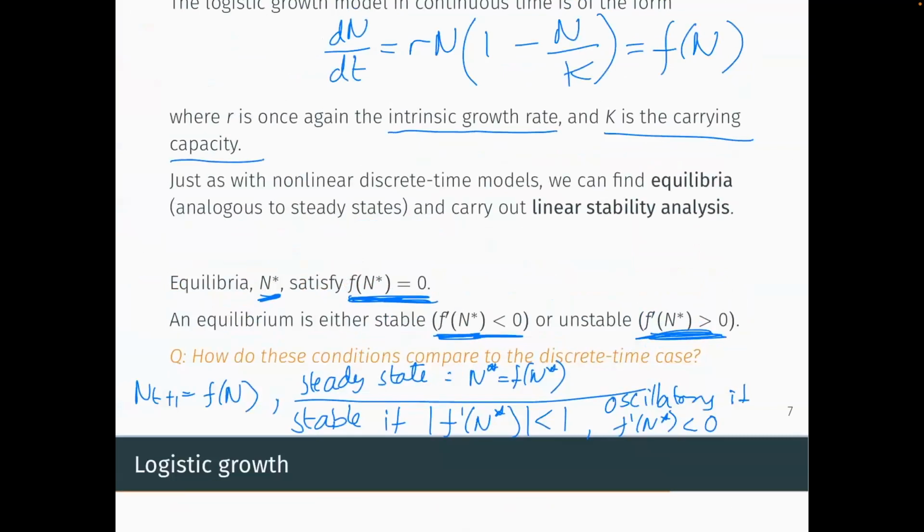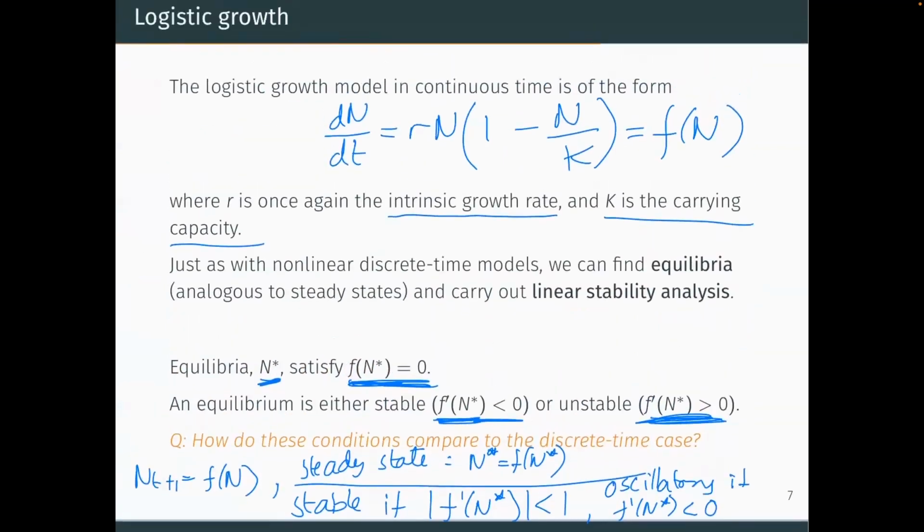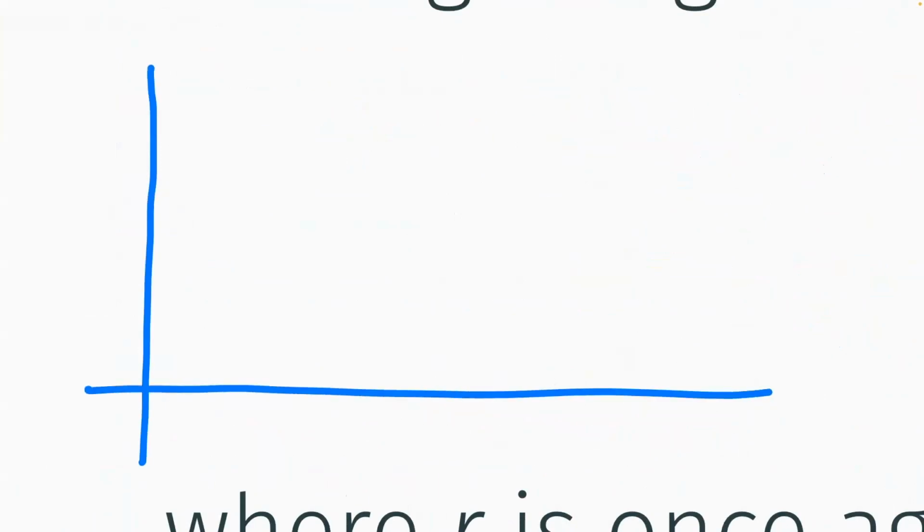The reason why is because, let me zoom in close here so I can sketch something. When we had our discrete time model, this was our time, this is our population size n. Suppose we had some steady state like this.